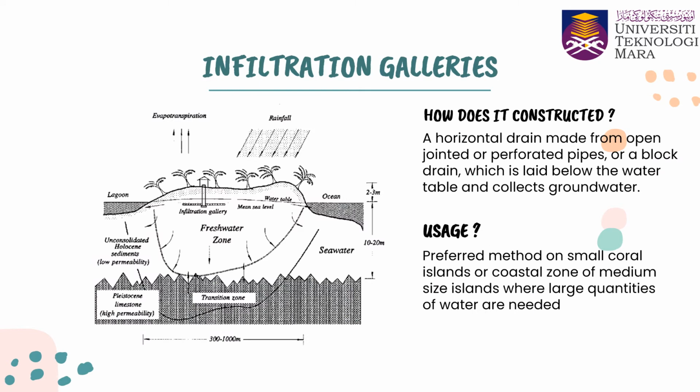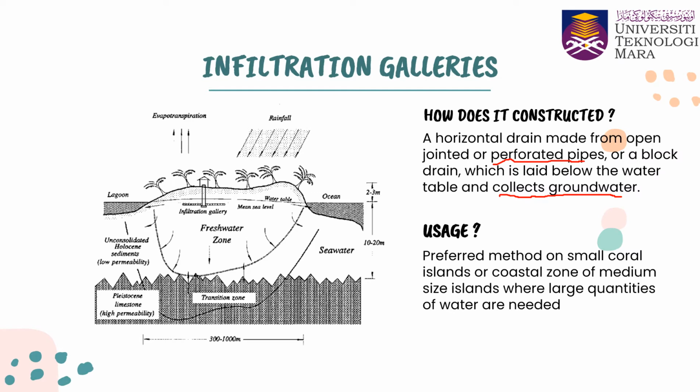And then we have infiltration. Infiltration will be constructed using a horizontal drain made from open joint, or we call them perforated pipes. This drain is laid below the water table and functions to collect the groundwater. So we have the infiltration gallery, and below the water table we have the freshwater zone.